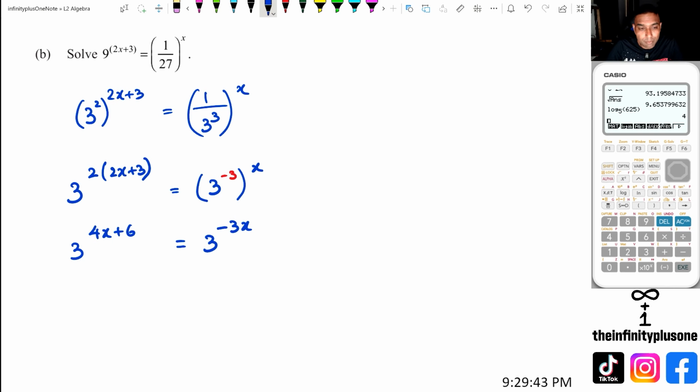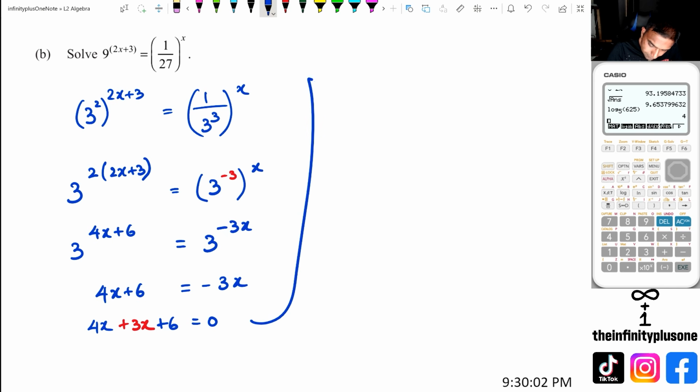So now because I've got both sides where 3 is the base, I can get rid of it and just rewrite this as 4x plus 6 equals minus 3x. Then rearranging things, I'm going to get 4x plus 3x plus 6 is equal to 0. So I've got 7x plus 6 equals 0.